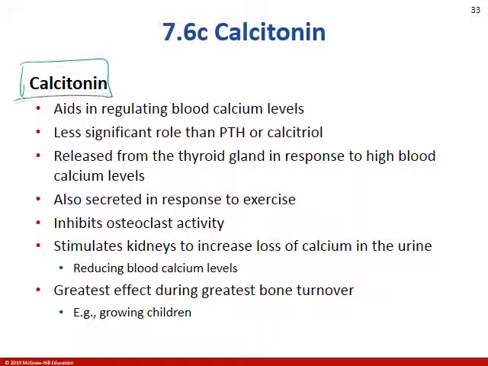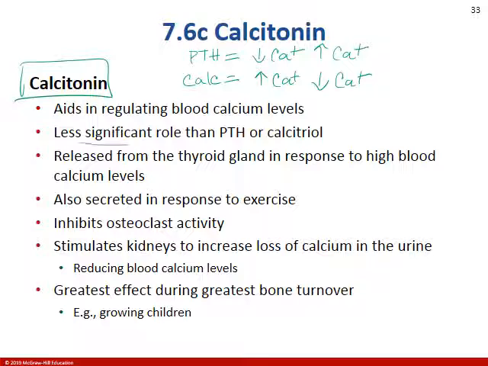Calcitonin is another hormone that kind of does the opposite of what parathyroid hormone does. So parathyroid hormone, we had low calcium in our blood and we increased the calcium to a homeostatic level. Calcitonin, we have high calcium and we're going to bring it back down to normal levels.